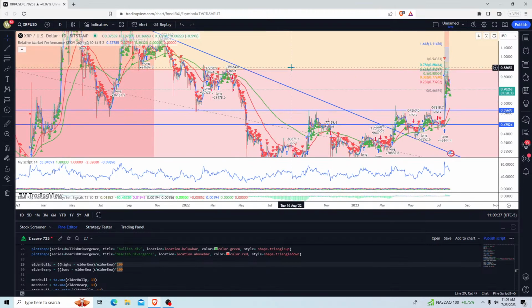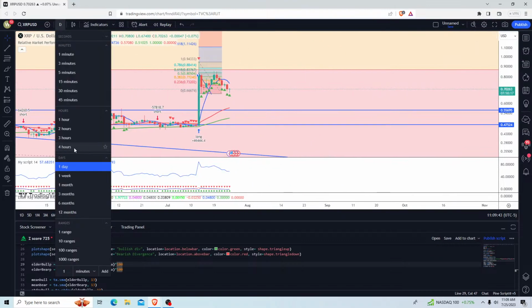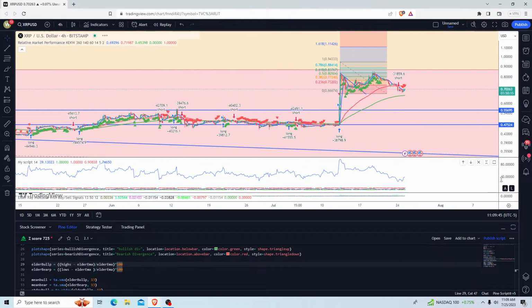And then we got to this resistance level and got rejected. And now we're in the middle, falling. Go to the 4-hour.